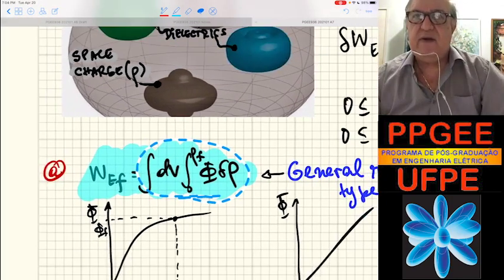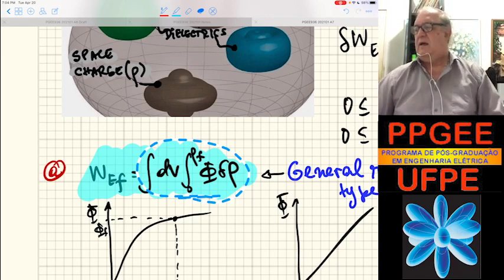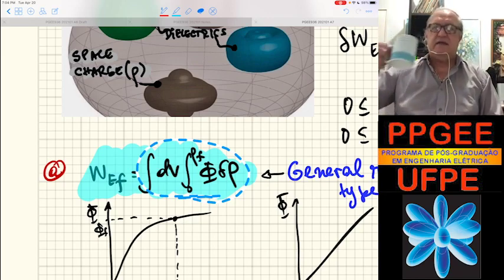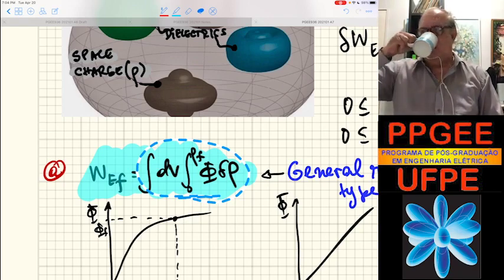Nonlinear because of the polarization, might be nonlinear. The response of polarization to the application of an E field might be a nonlinear function, as we briefly described previously. We have hysteresis, which is one of the features of nonlinearities in those systems.